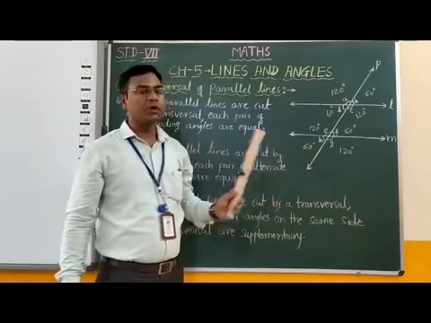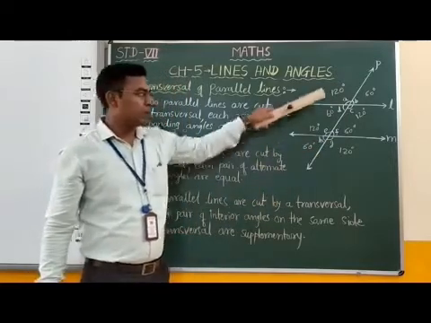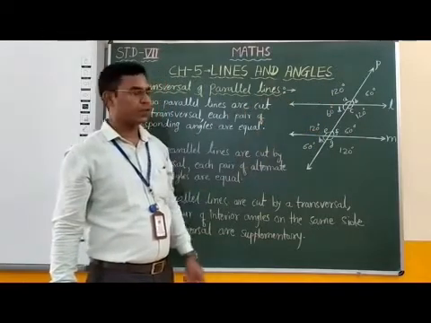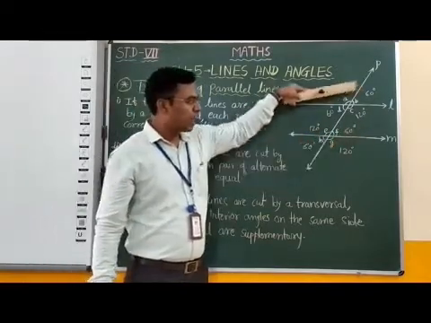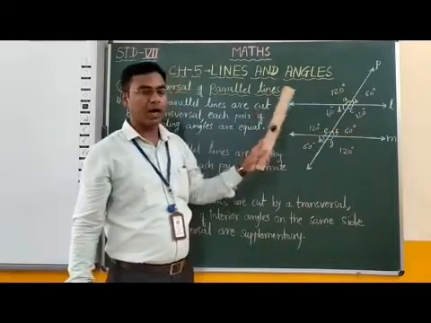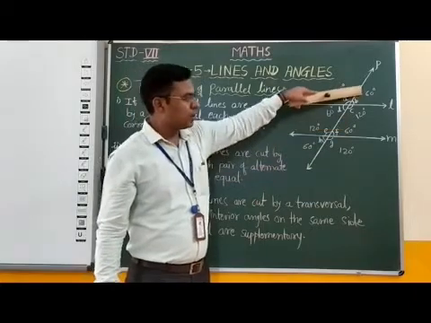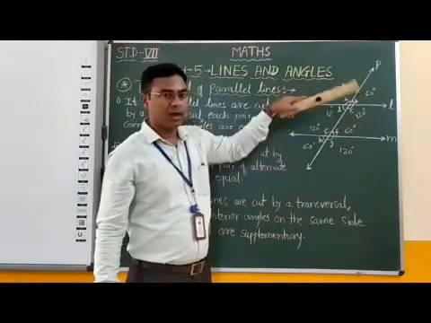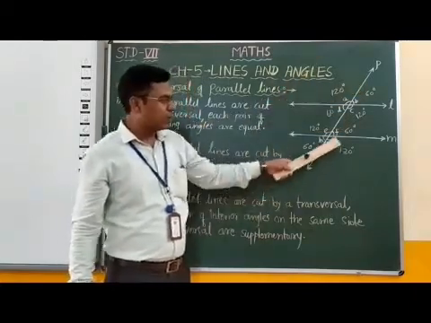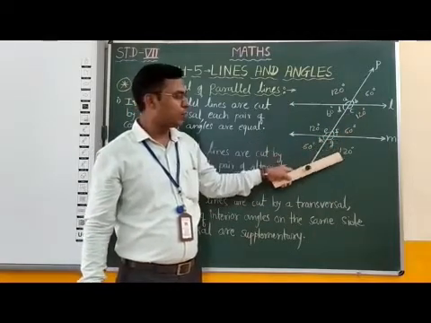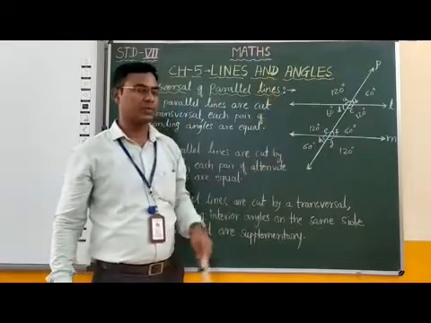Therefore, we observe that the pairs of corresponding angles are equal. Angle B and angle F are corresponding angles and the measures of these two angles are equal. Now angle C and angle G are corresponding angles and both are equal.